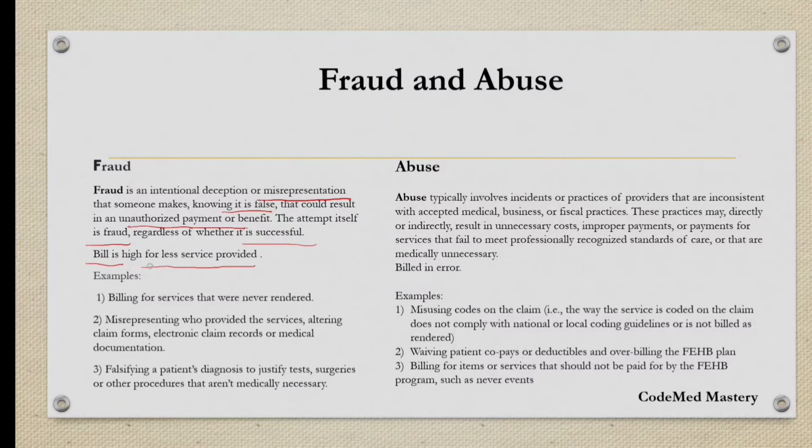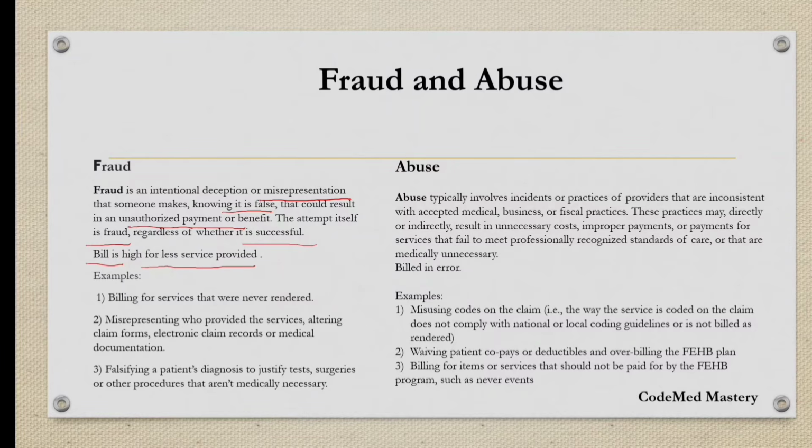Fraud means bill is high for less service provided. So the examples of fraud may be billing for services that were never rendered, misrepresenting who provided the services, altering claim forms, electronic claim records or medical documentation, and falsifying a patient diagnosis to justify test, surgery or other procedures that are not medically necessary.